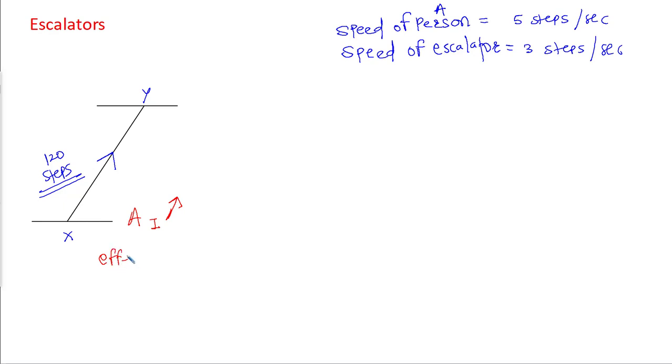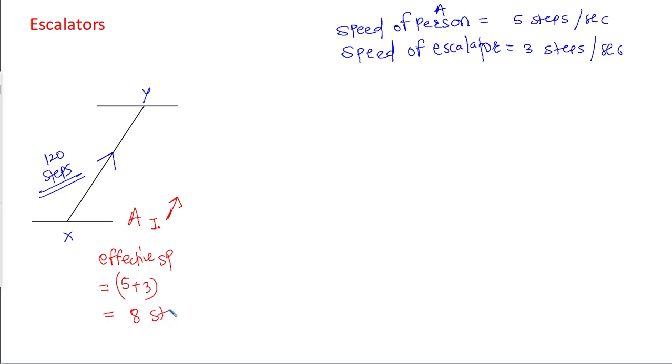In 1 second, A will take 5 steps with his own efforts, and in the same second, the escalator will take A 3 steps ahead. So in that particular second, the total movement of A is 5 steps plus 3 steps.